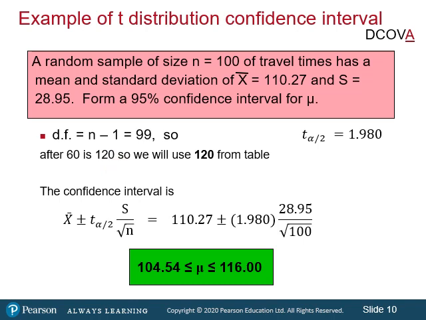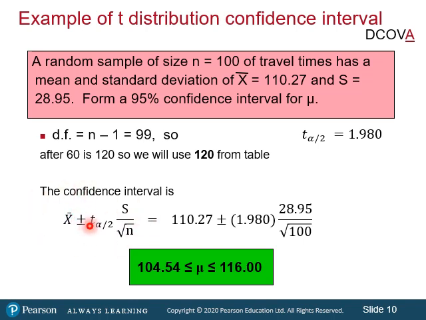So the t alpha divided by 2 for a 95% confidence, the t value is 1.980.